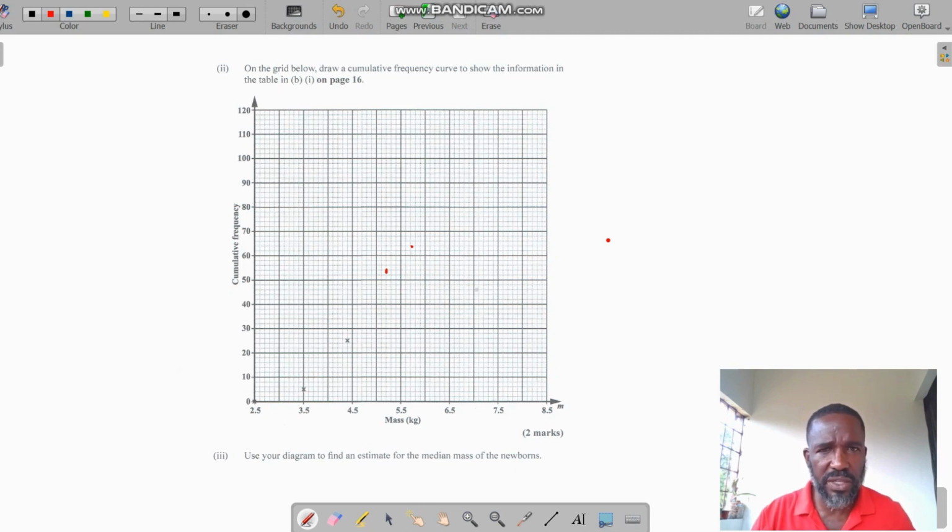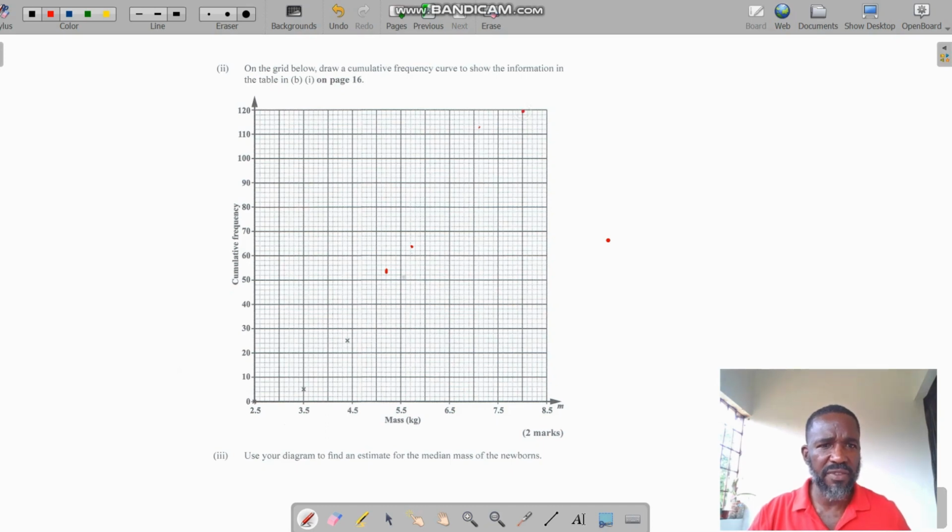So we have 7. So this one represents 7, and that corresponds to 112. So 112 is here. So here we have 110, 112, and so we have that there. And then we have 8.0, corresponding to 120.